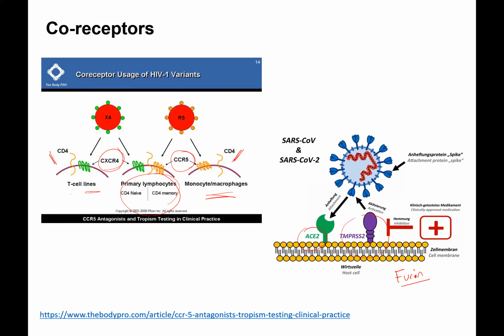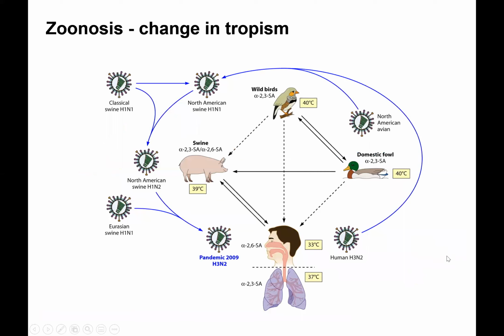So receptors and co-receptors can broaden or narrow the tissue tropism for viruses. And zoonosis is really a change in tropism.